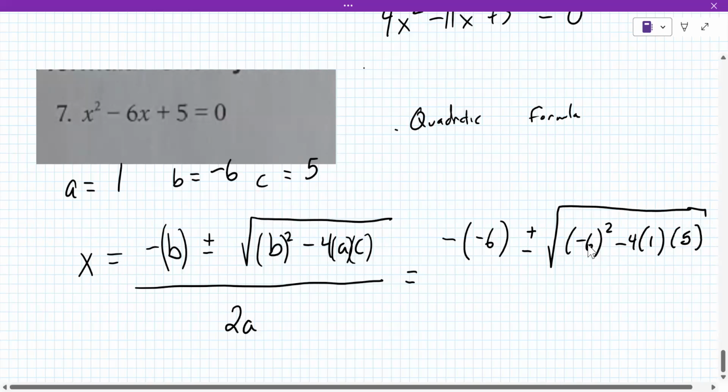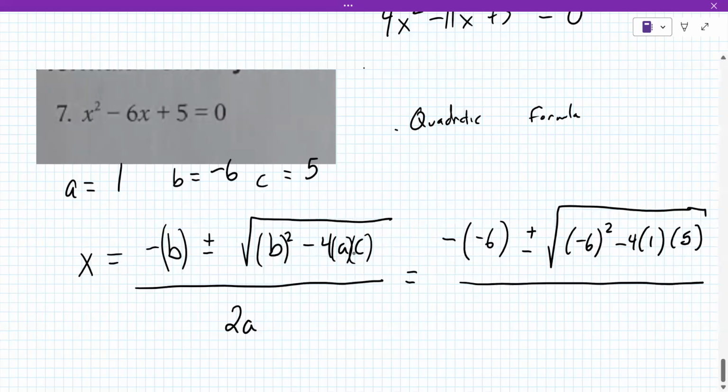Make sure you know why I'm putting these numbers in parentheses for the variables B, A, and C. I'm asking if you see where they're coming from. Yeah, I see where the numbers are. Okay, and then on the bottom here, it's 2 times a, which is 2 times 1. Yes, very good.